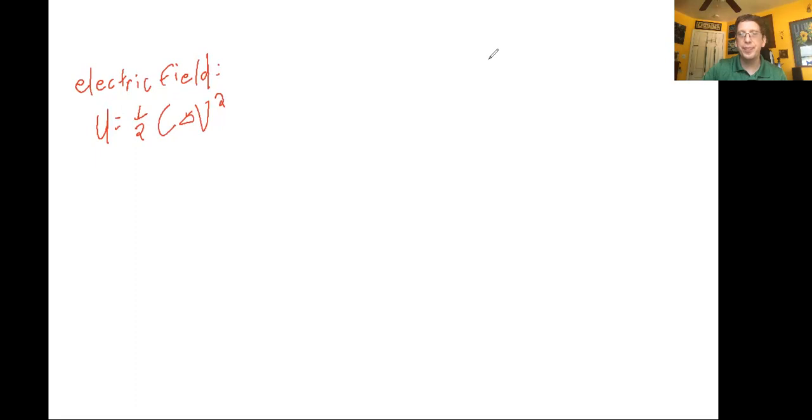Remember, E is equal to negative delta V over delta X. If the electric field is constant, you're going to get that relationship. And so delta V squared is equal to E squared, and we're assuming a parallel plate so that the space between the plates is the distance D. So we can write this as 1/2.